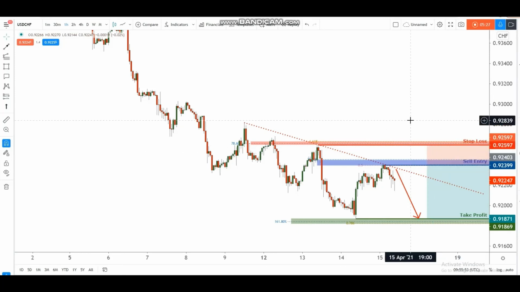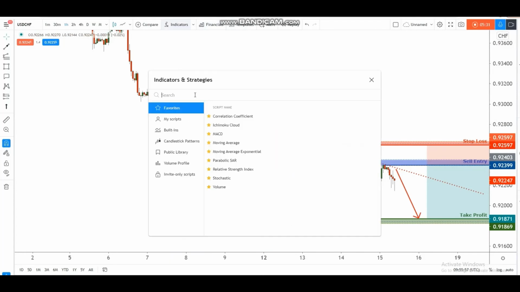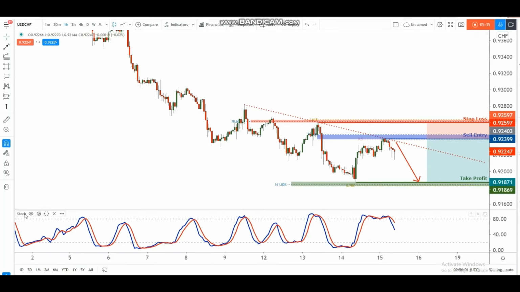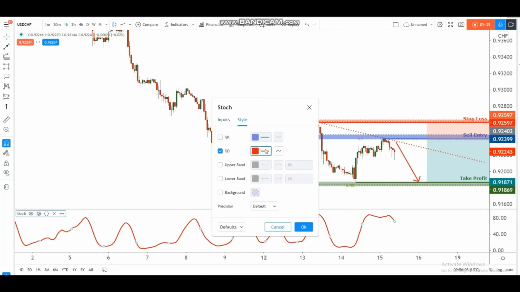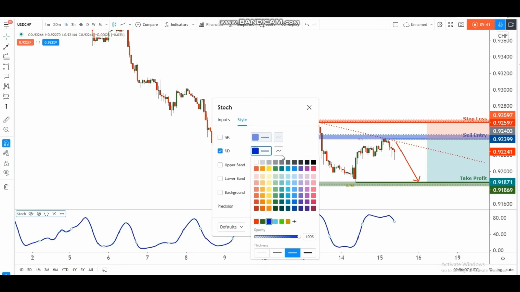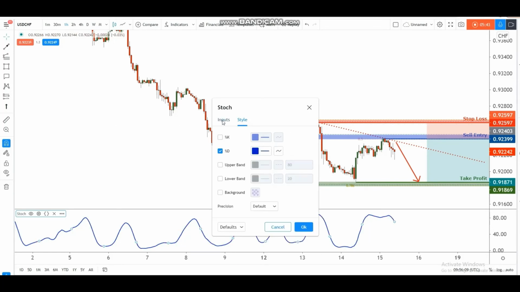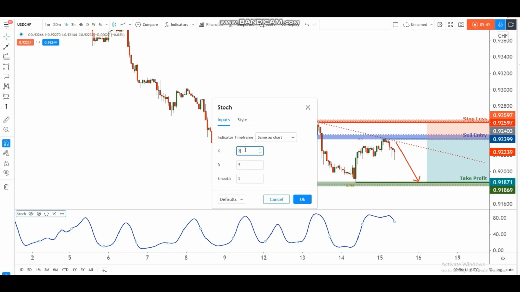The last thing I can do is to open up an indicator. For the indicator, I will use stochastics. For stochastics, let me just change the setting to only the D% line because the D% line is clearer and less lagging. And if I change it to a Fibonacci number, I'll use 21.